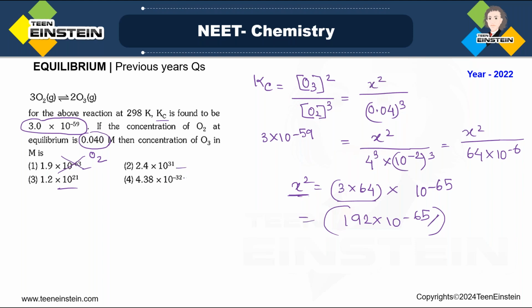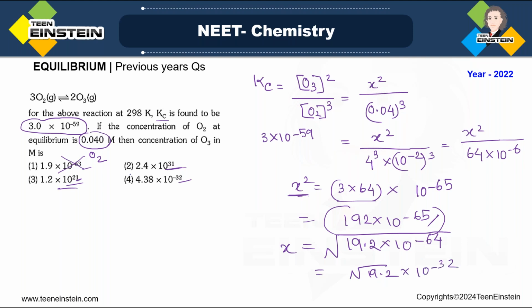Now, if you are stuck between these two, look at this, it is positive. So it is not possible. This is also, even if you ignore the numerical, it is also positive. How it can be correct answer? And this is 32. That means if you somehow write it like this, this part, when you will take root, it will be 10 to the power minus 32.